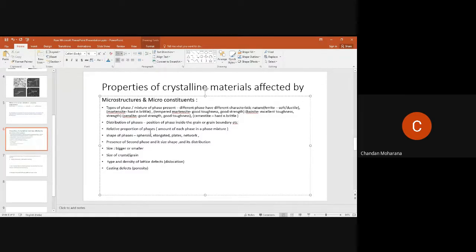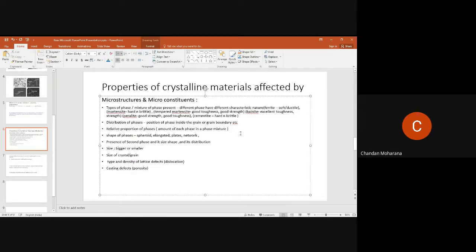Then we'll move to relative proportion of phase. Relative proportion of phase means suppose you have perlite, a mixture of phases, and you have ferrite, another phase. The relative proportion or amount of each phase in a phase mixture is important.